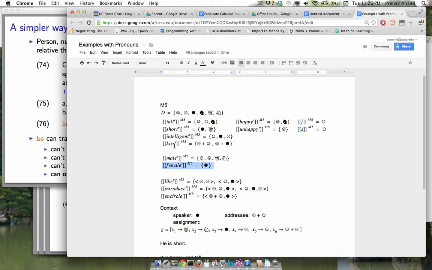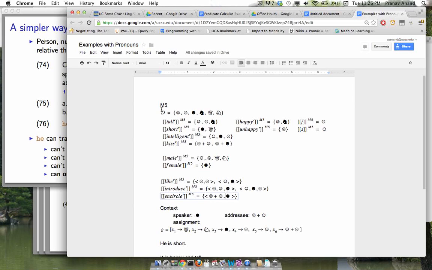So I added kiss, and collectively, kiss we said had a plural subject, so it's only an intransitive. And so that means these two individuals kissed and these two individuals kissed. And I also added encircle, where the subject is a sum and the object is not necessarily. So in this case, these two individuals encircled this individual.